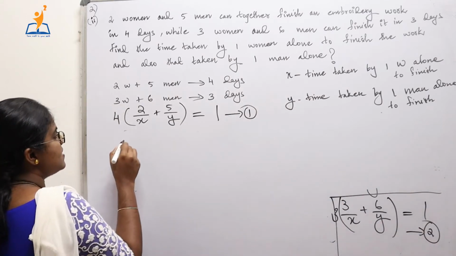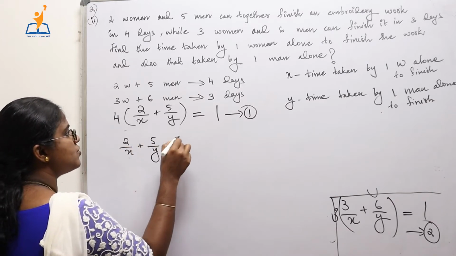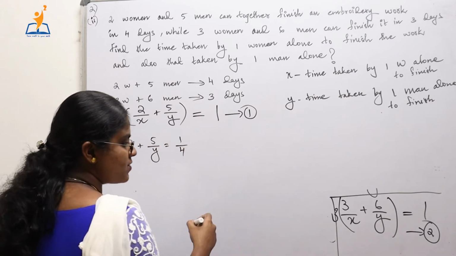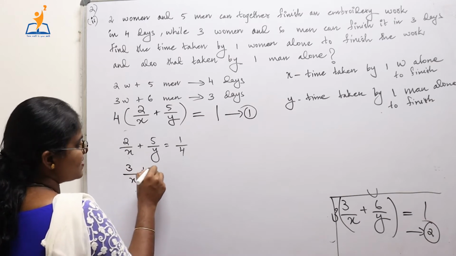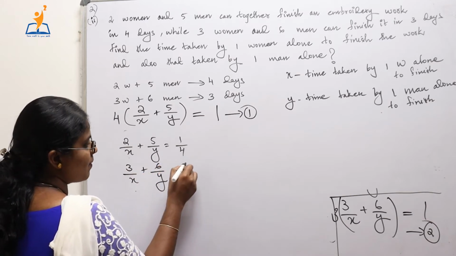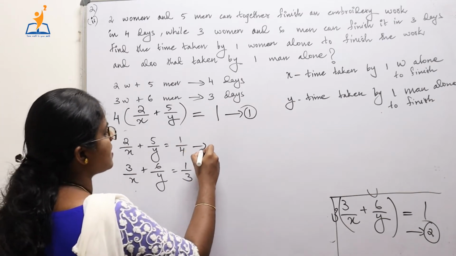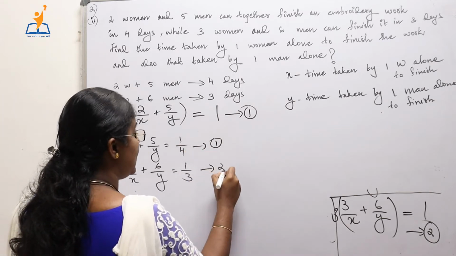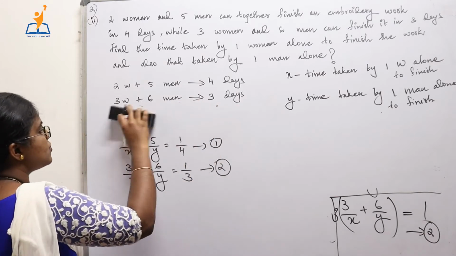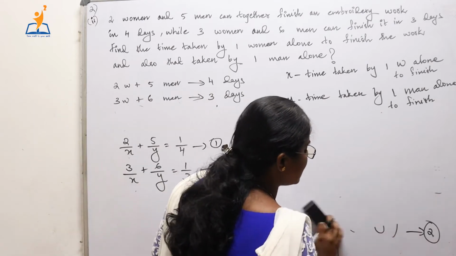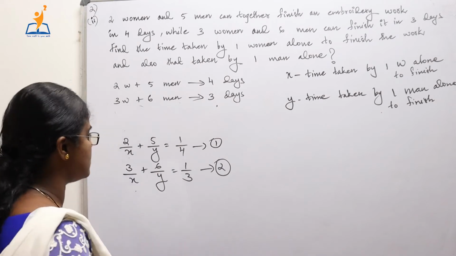This will become 2 by X plus 5 by Y is equal to 1 by 4, and 3 by X plus 6 by Y is equal to 1 by 3. And we know that these are not linear equations in 2 variables. So for solving these equations, we want to reduce them to a pair of linear equations in 2 variables.